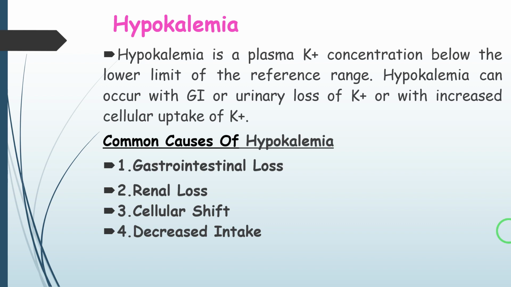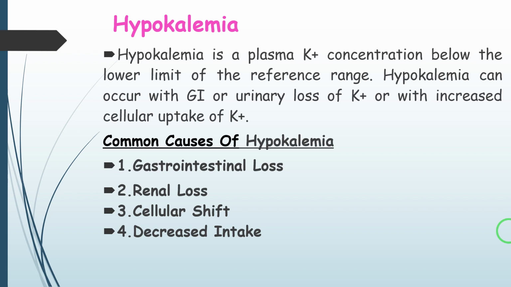The renal loss of potassium may result from a certain type of nephritis that are potassium-losing nephritis, or a certain type of renal tubular acidosis that enhance the excretion of hydrogen, and potassium excretion will increase.